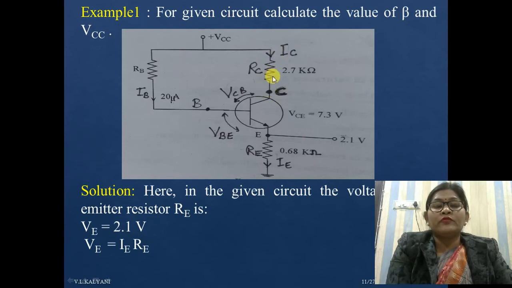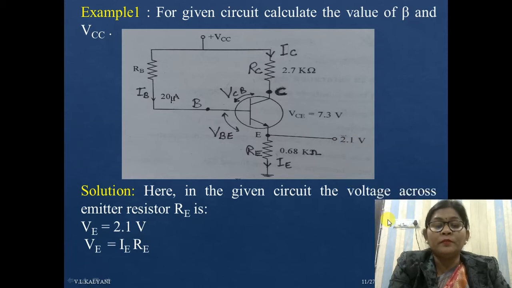Similarly, this is your emitter terminal, so the emitter current flows here, and this is the emitter resistance. The value is 0.68 kilo ohm, and this is the VCE, given as 7.3 volt. Similarly, the emitter voltage is also given here. This is 2.1 volt.